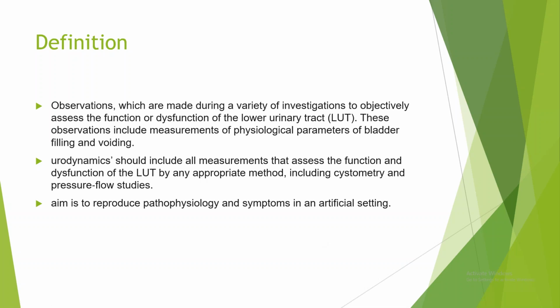The aim of urodynamics is to reproduce the pathophysiology and the patient's symptoms in an artificial setting. Are you clear about the definition? It has 4 parts. These are a battery of investigations that assess the function of the urinary tract objectively through various parameters of bladder filling and voiding.